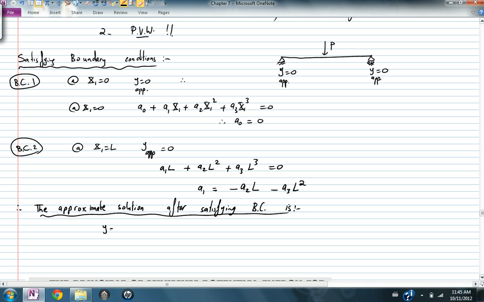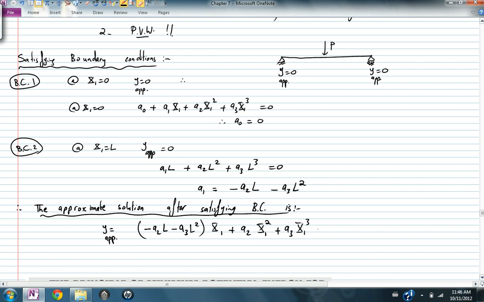Y approximate is equal to A naught, which is 0, A1 is going to be replaced with negative A2 L, negative A3 L squared, multiplied by x1, plus A2 x1 squared, plus A3 x1 cubed.